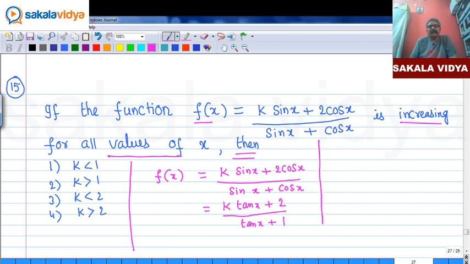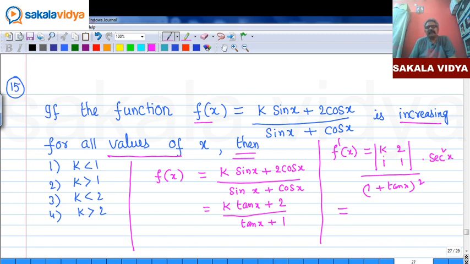Now find f dash x. We have one shortcut. f dash x is equal to the determinant of k, 2, 1, 1 with tan x coefficients: tan x coefficient k, constant 2; tan x coefficient 1, constant 1, upon 1 plus tan x whole square, into the derivative of tan x, that is secant square x.